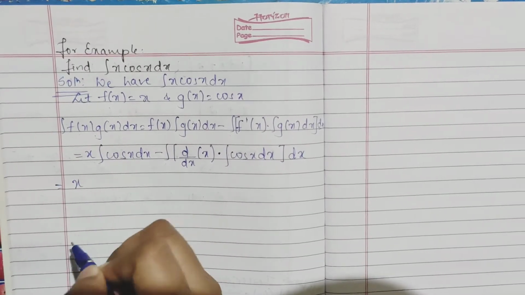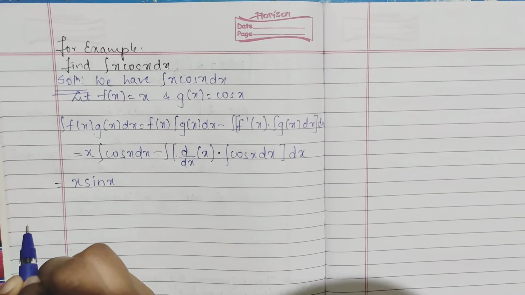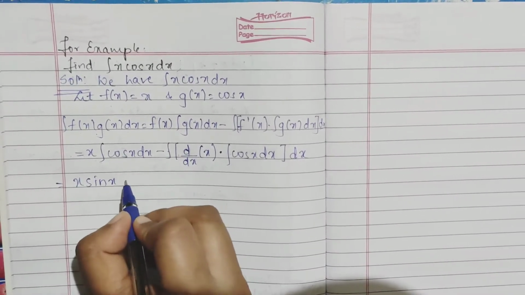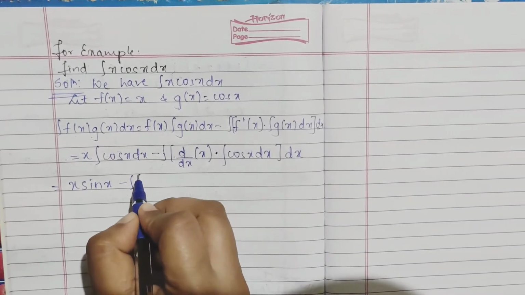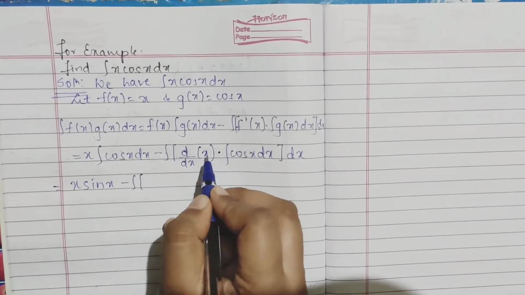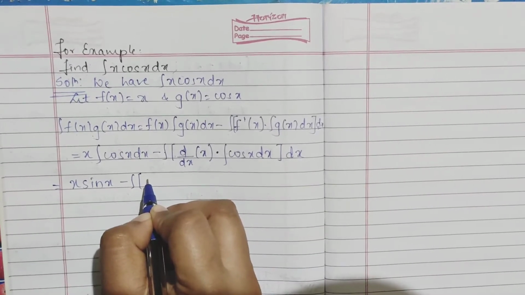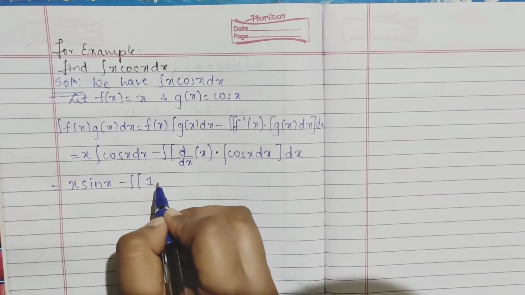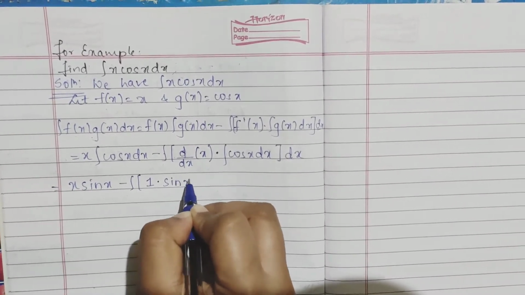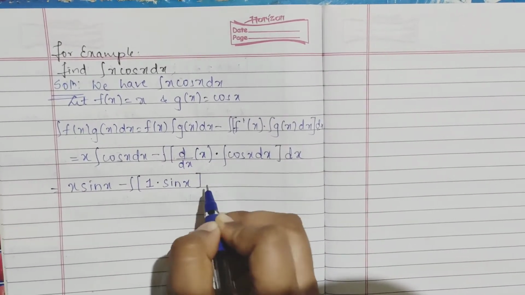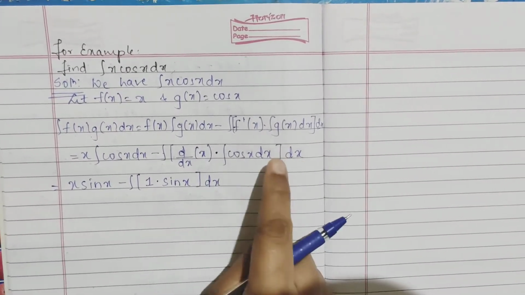x, the integration of cos x is what? Sin x. Minus sign, keep your integral as it is, first we will solve the inside part. Differentiation of x is 1, into the integration of cos x, which is sin x, and again this dx is there.